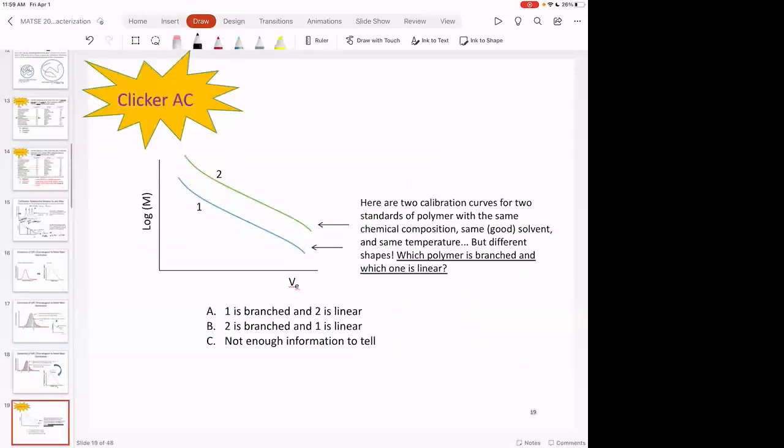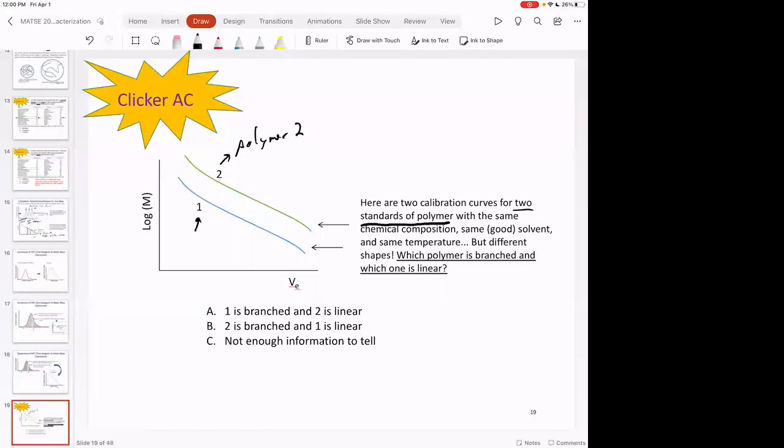Okay, clicker question. So we have two different standards of polymer with the same chemical composition. Two standards. Okay, and so this is polymer 1. Oh, no, that's polymer 2, sorry. Polymer 2.